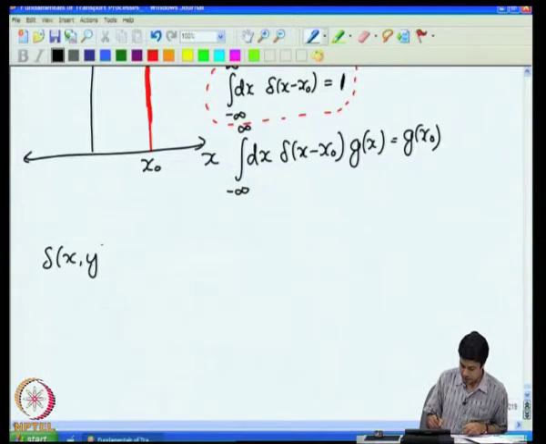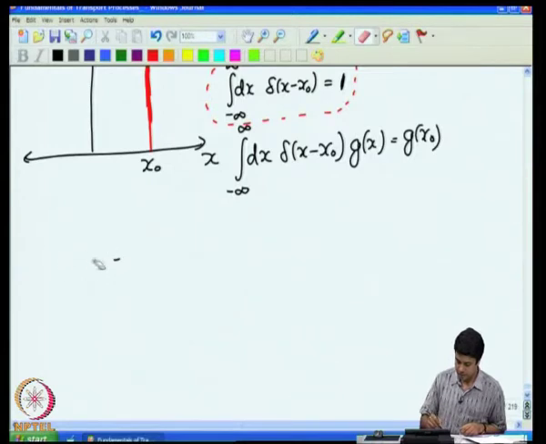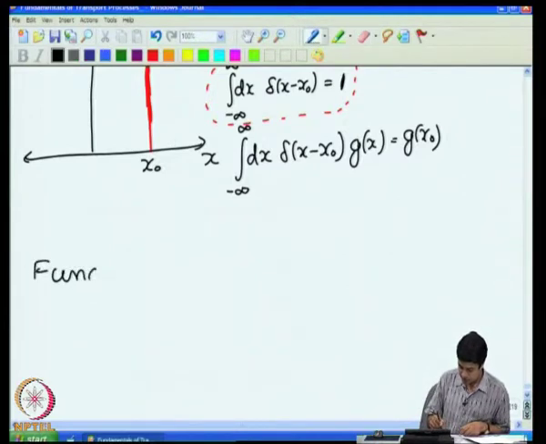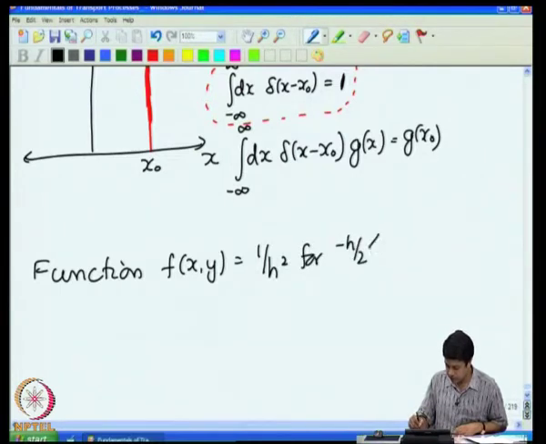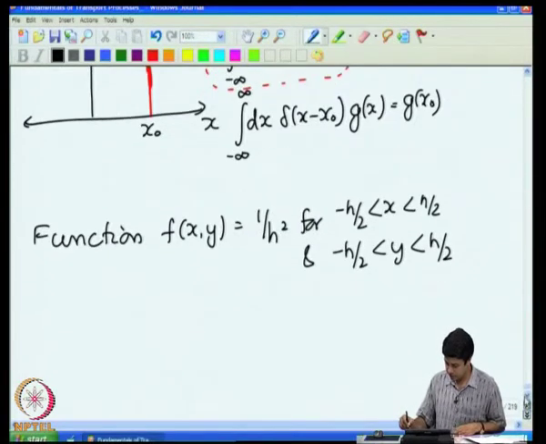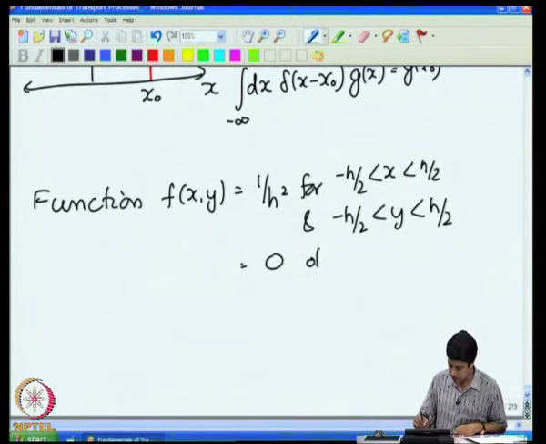Delta of x y is equal to 0 for, so let's first work with the finite delta function f of x y, which is equal to 1 over h square for minus h by 2 less than x less than h by 2 and minus h by 2 less than y less than h by 2, and is equal to 0 otherwise.